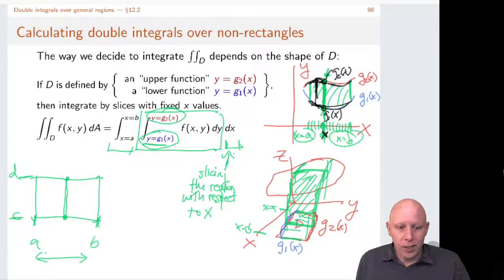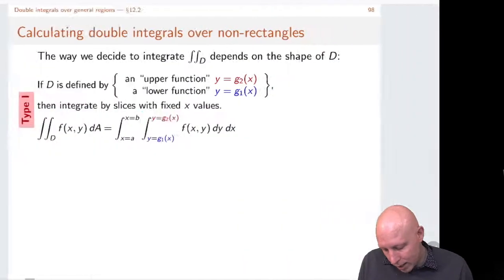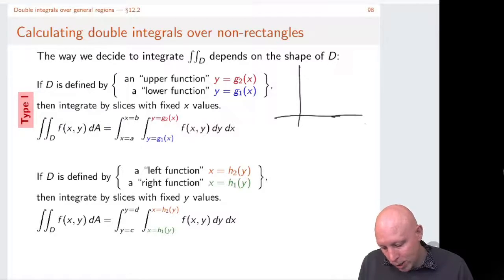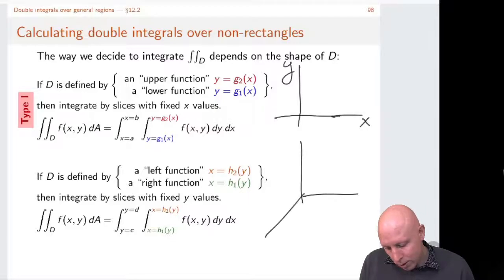So you can imagine that the next option is to slice with respect to y. So if we're in the situation instead where, all right, remember we have two pictures here. We have our domain picture where we have x and y, and then we have our three-dimensional picture where we have x, y, and z.